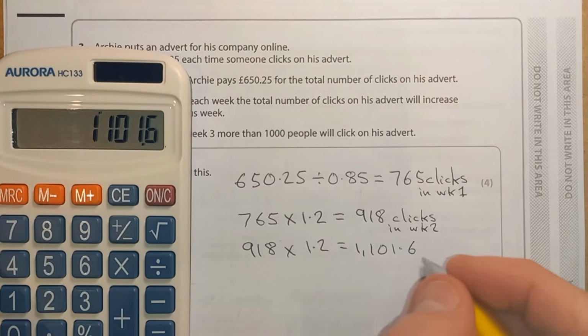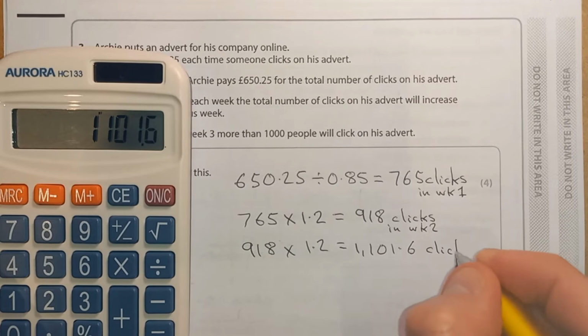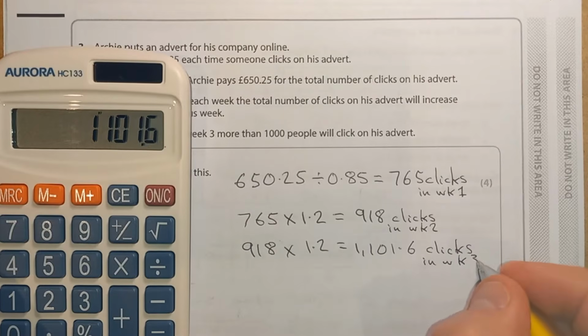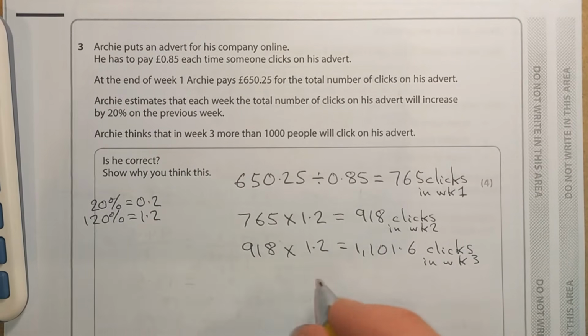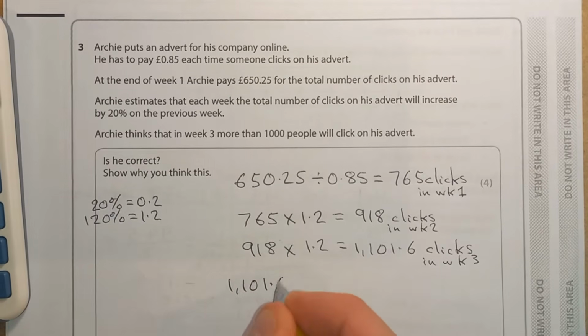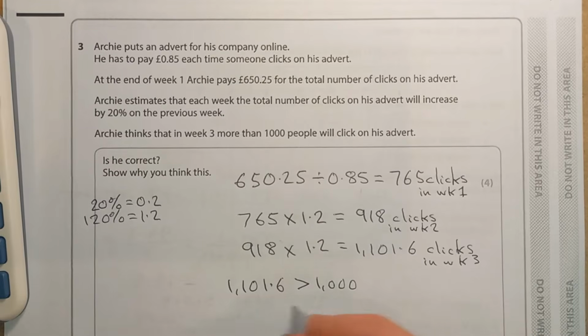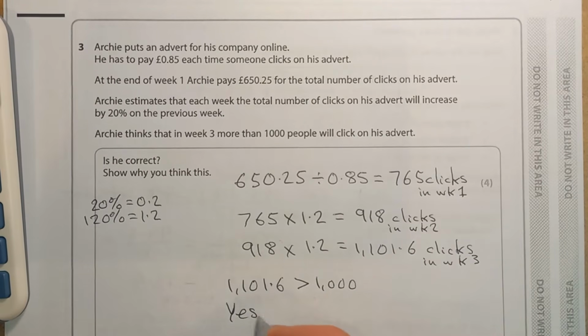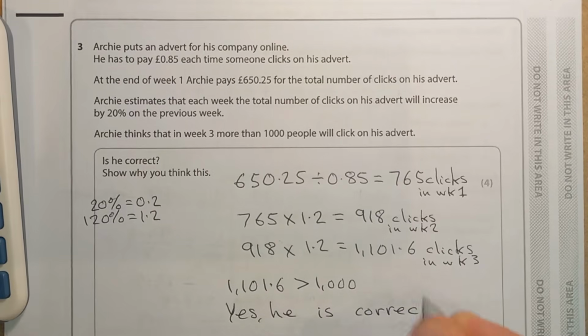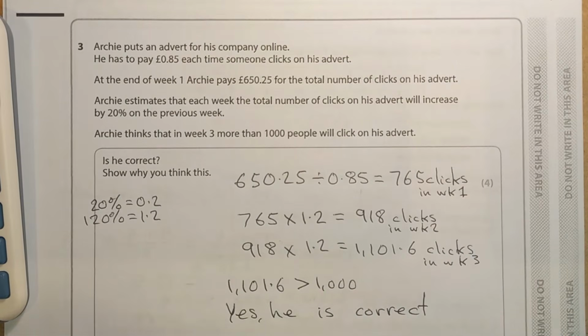Well, whether you can get 0.6 of a click or not, we're not going to worry about that, because all we're worried about is that 1,101.6 is more than 1,000. So we can say yes, he is correct.